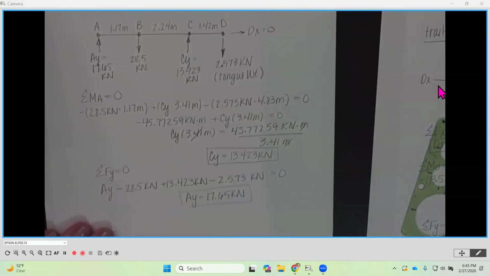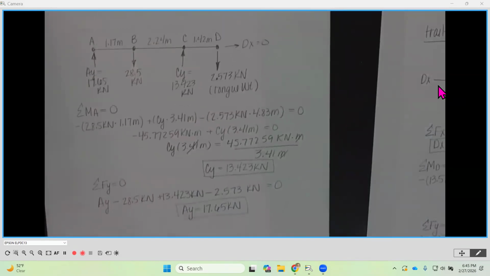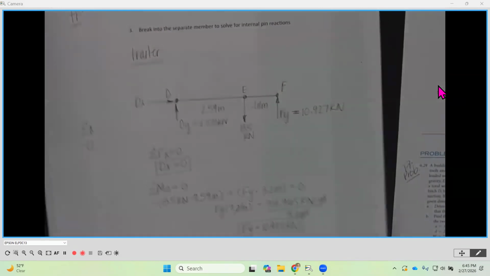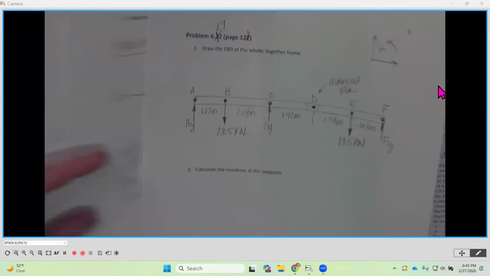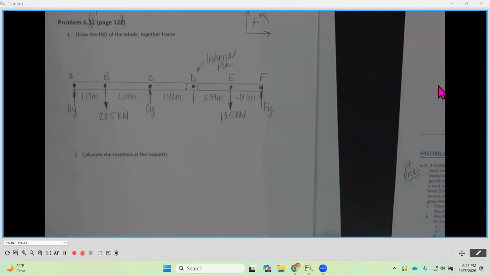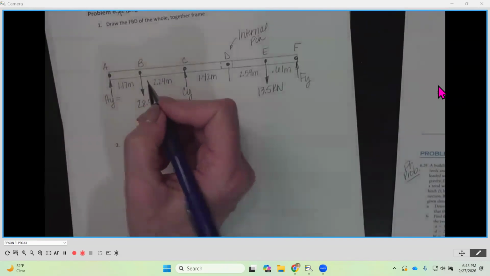Now, to check everything, what we want to do is go back to our original diagram that we had for our put together truck and trailer, okay? And then we're going to pull these back in and make sure that everything equals 0. So I'm going to go back to my first page, which was page 5 in our guided notes, and put in the values that we've been getting here.